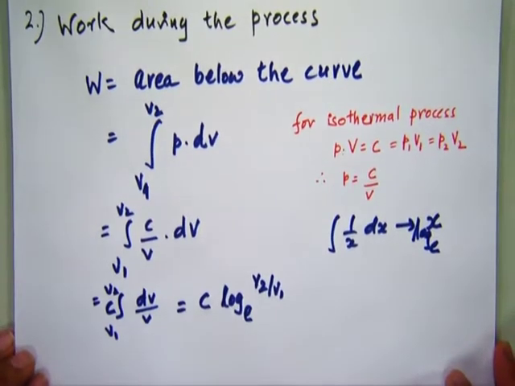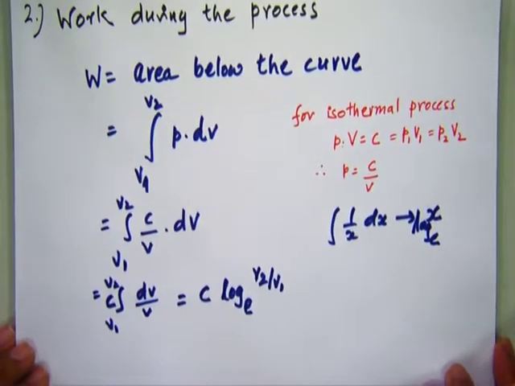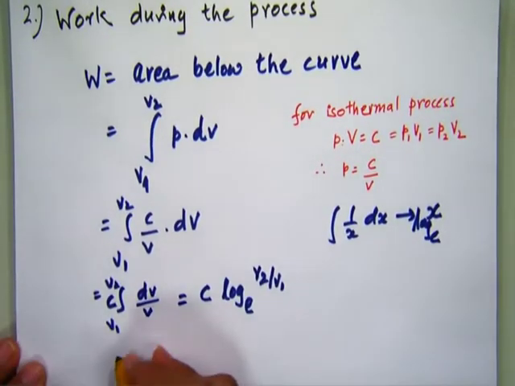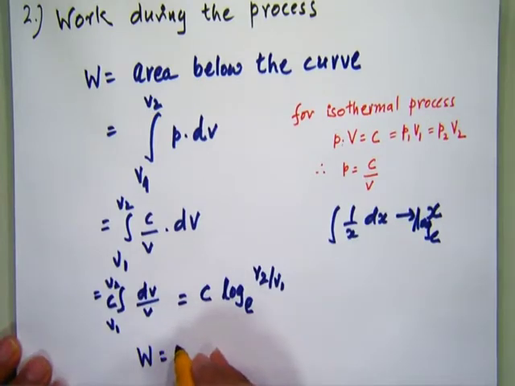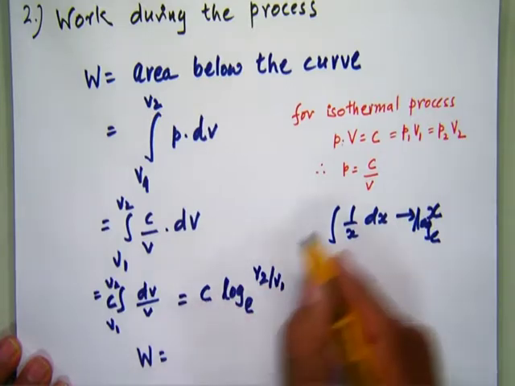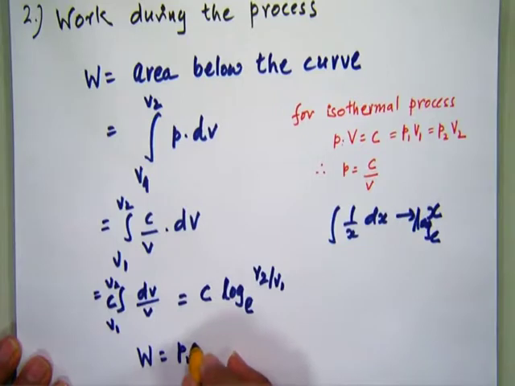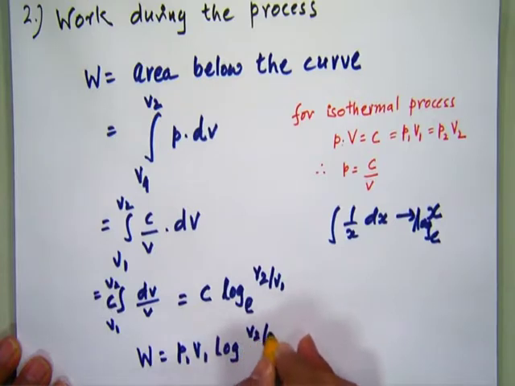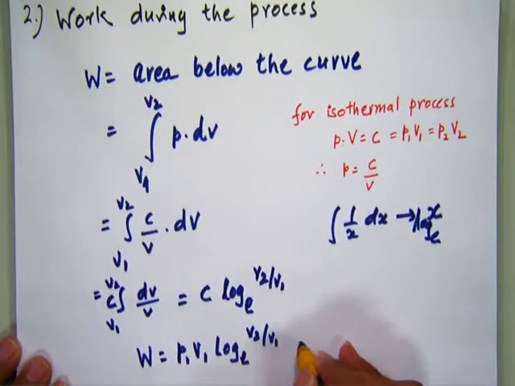So, the work done during the process W is equal to C. Instead of C, you can put P1 V1 log V2 upon V1 to the base E, right?